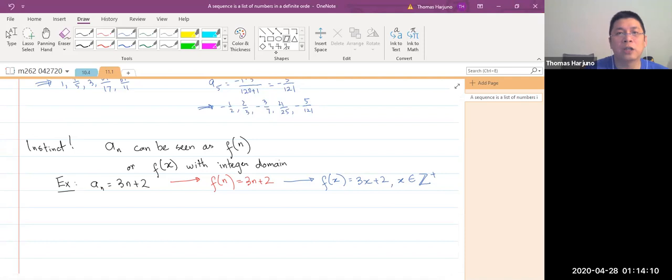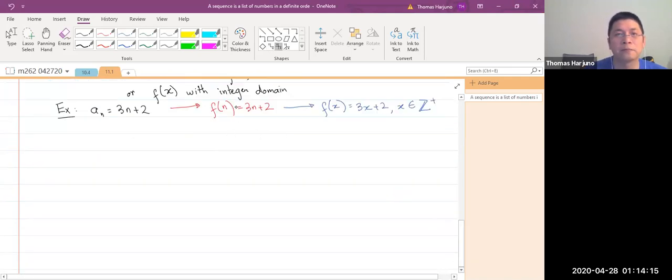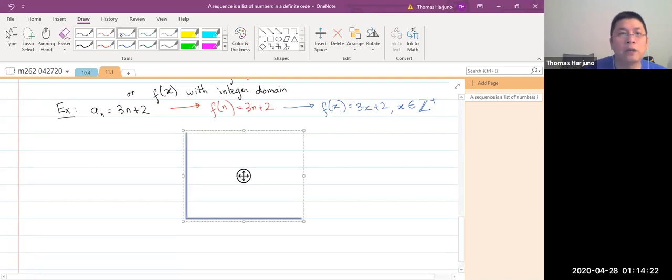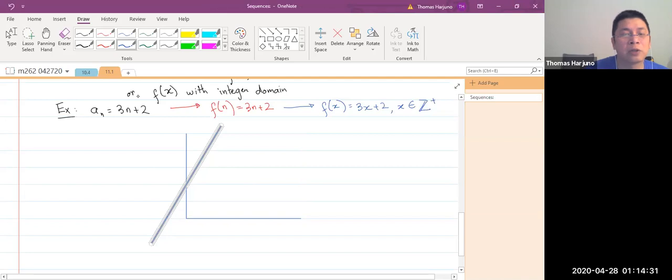Such that if later on I sketch the graph, it will be following that 3x plus 2. This is just a sketch, but instead of the domain being all real numbers, I only take the domain 1, 2, 3, and on.